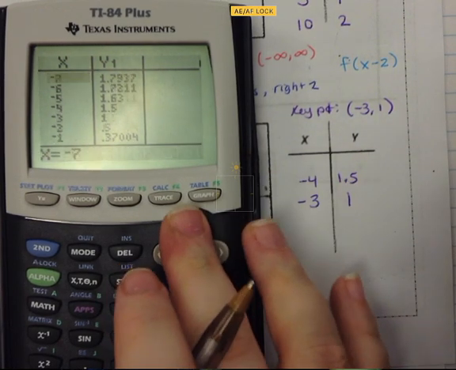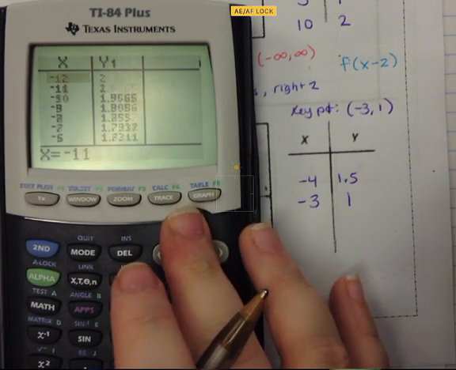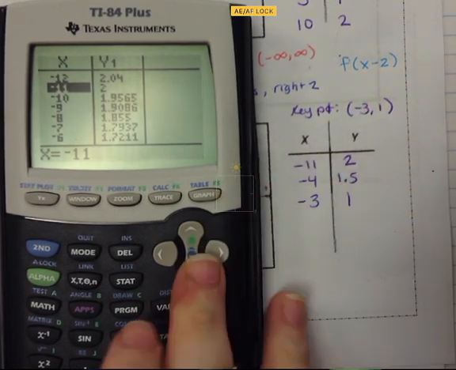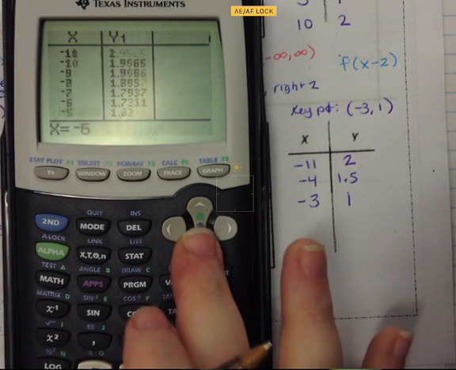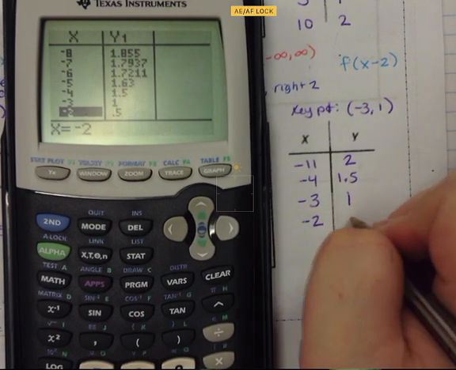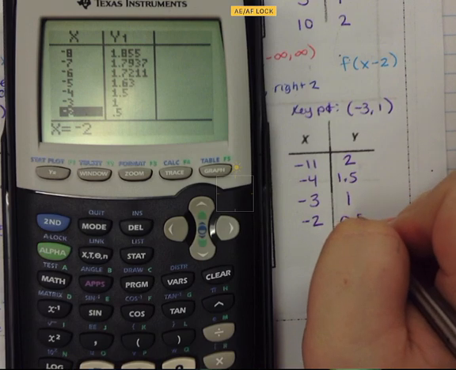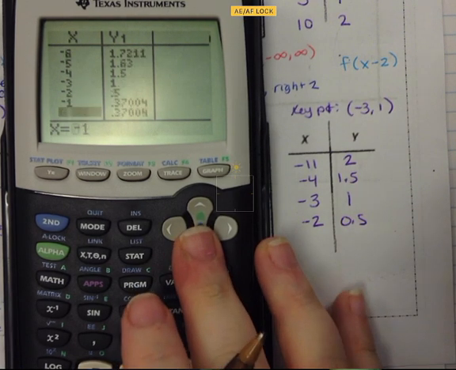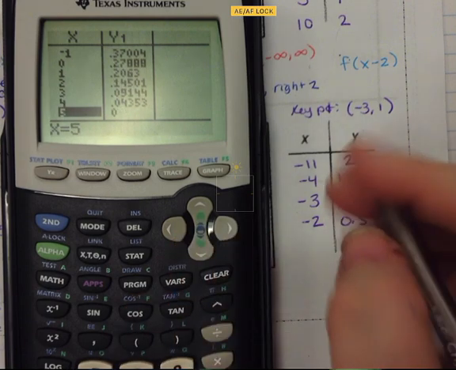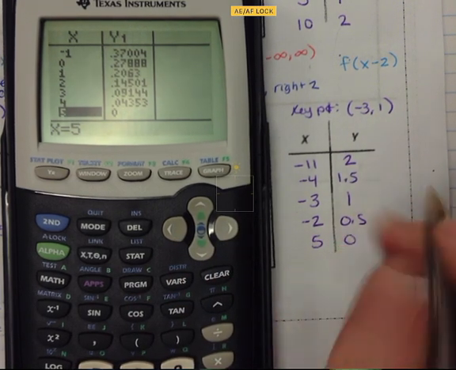See if there's any other ones that we can do. That's -11, 2. Probably won't be able to graph that one, but that's okay. So go back down to -3, 1, and then we have -2.5. So -2 and then 0.5. And let's go find another one. We have 5, 0, which we can graph, so that's good.